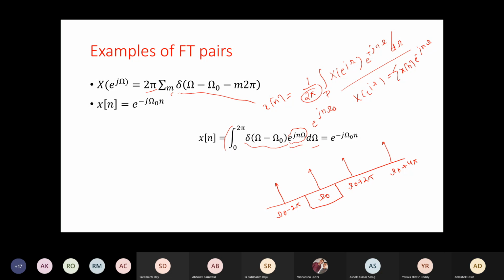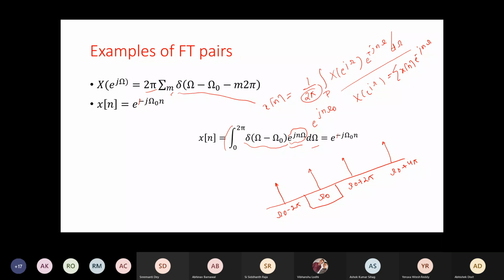Opposite signs. So we will not actually have a minus sign, it will be simply e to the power j omega naught n, right? Clear? Do you agree or not? Yes, sir. This is a typo.